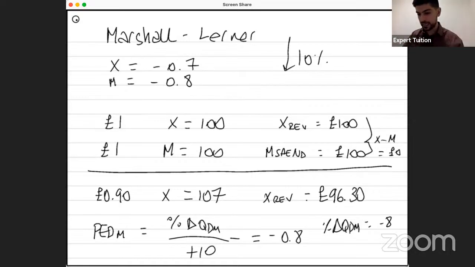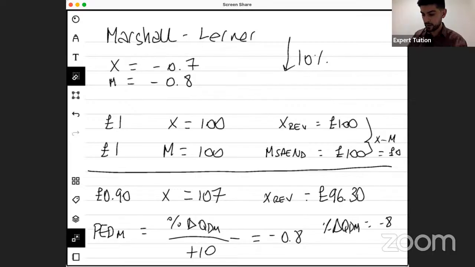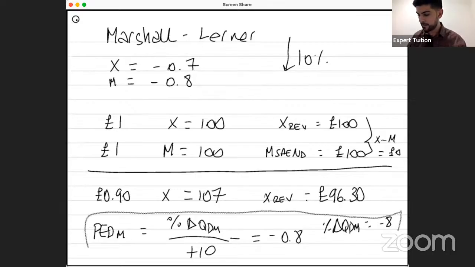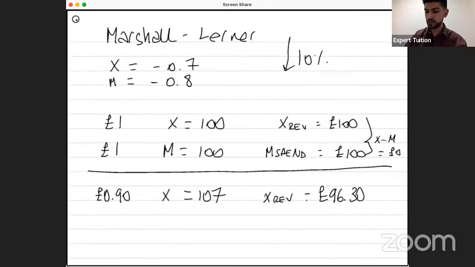Let's plug it in again and see what happens. Watch this. Imports: do you guys agree, though, that if the currency got weaker by 10%, my imports are 10% more expensive than they used to be? Well, they were £1 before. How much are they now? Do you guys agree that they are now £1.10? And I know how many units we now import. We used to import 100 units, and there's an 8% reduction on that. We now import 92 units.